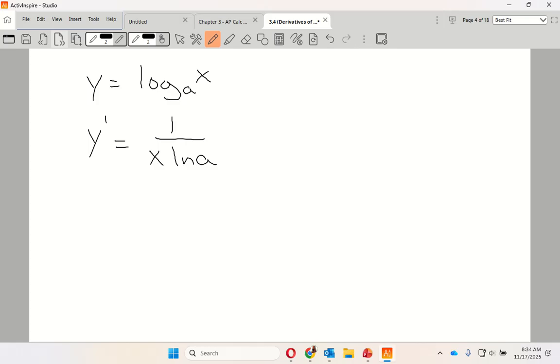But if I say that y equals ln of x, that's the same as saying y equals log base e of x.